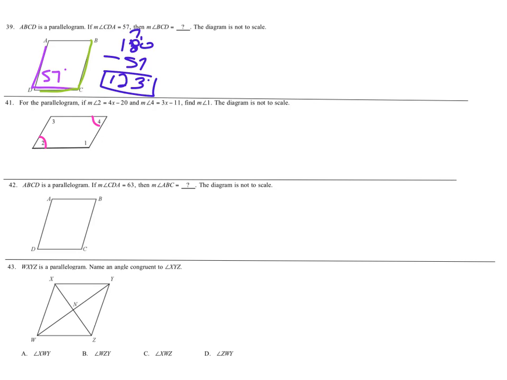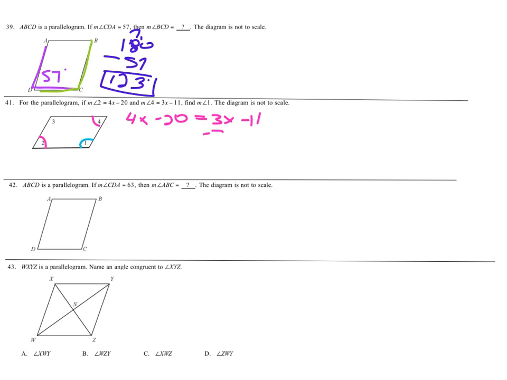So we can use that information to set up 4x minus 20 equals 3x minus 11, and find out what each one of these angles is, and then we can use it to find m, because once we know what x is, we can say that angle 2 must be measuring whatever, and since angle 2 and angle 1 together form 180 degrees, we can find it that way.